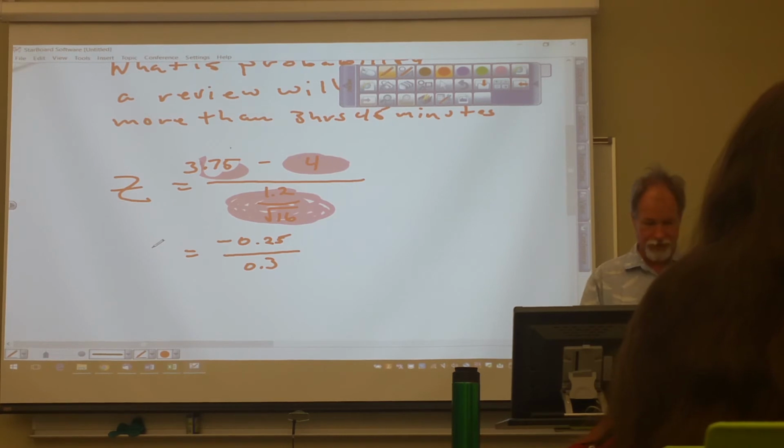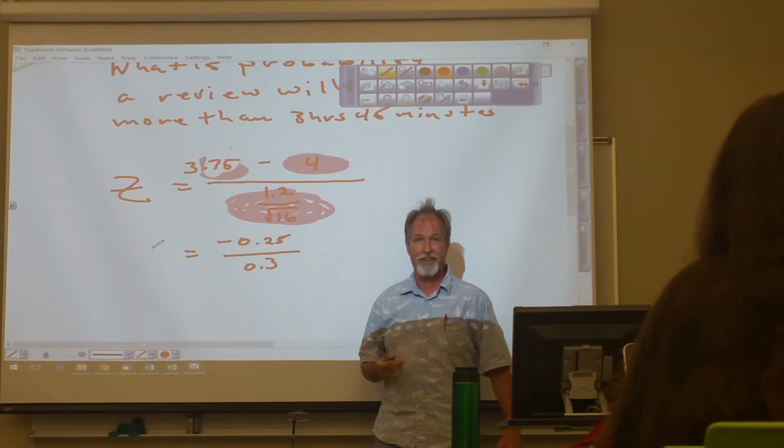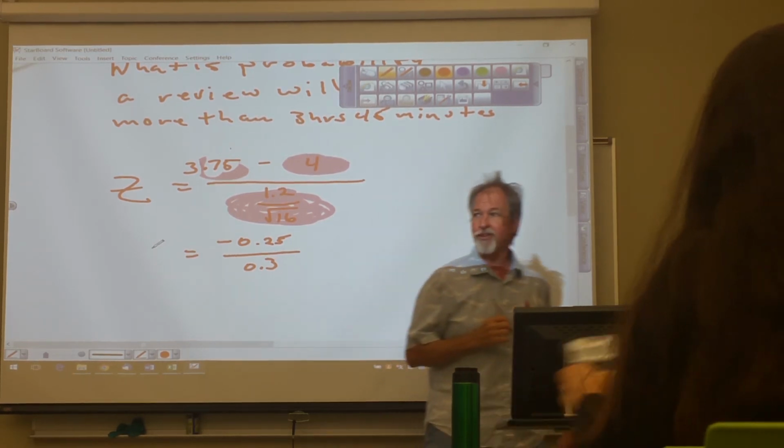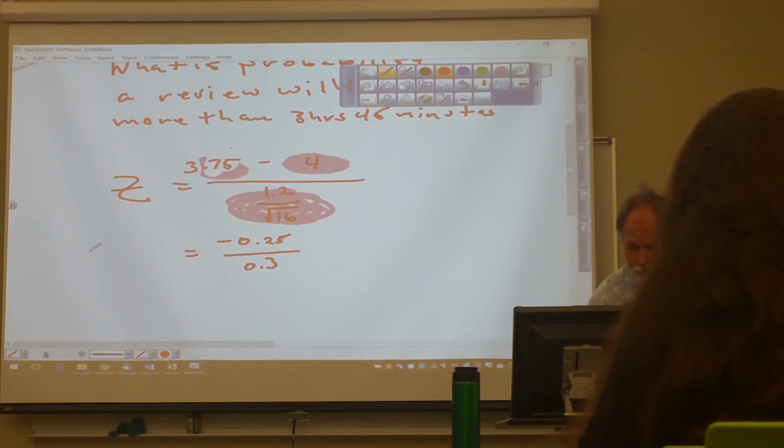Wouldn't it be 0.25 divided by 0.3? No, negative 0.25. 3.75 minus 4 is going to be a negative number. Negative 0.83, which is 0.8333333.